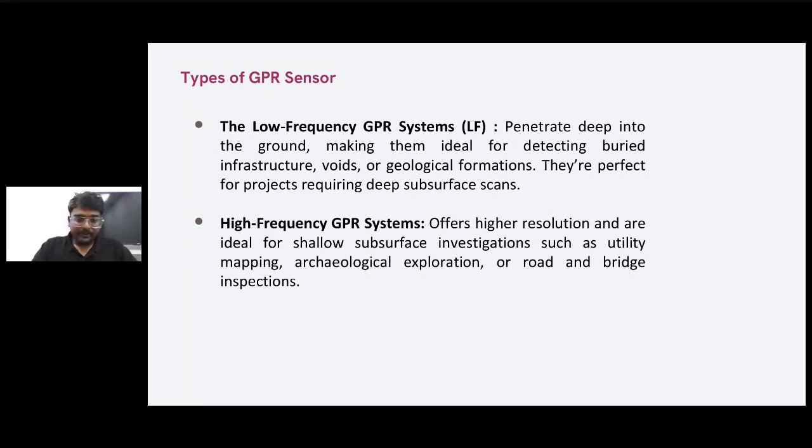They are inversely proportional, to say in short. So low frequency GPR sensors travel a longer distance below the surface of the Earth, but the objects they detect are also larger. High frequency signals travel a shorter distance beneath the ground, but can detect even smaller objects. That's the main difference between these two categories, the low frequency GPR system and the high frequency GPR system.